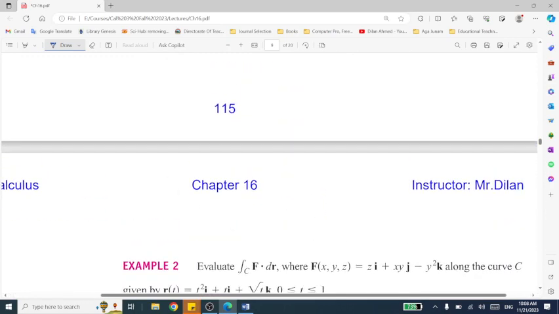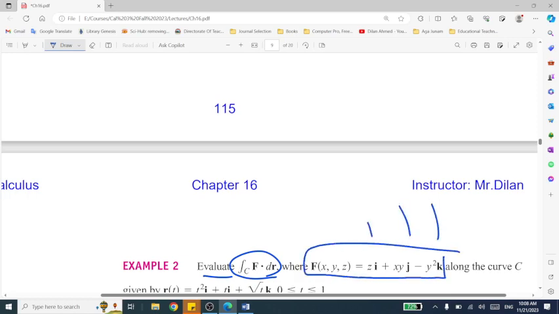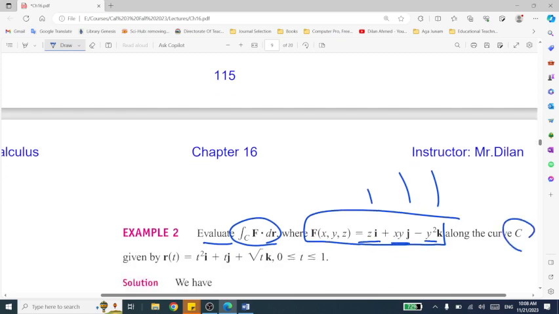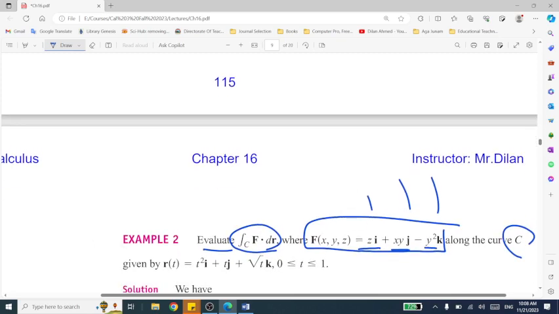Look at here. Evaluate this integral. Here's your function. You can see you have i, j, k. Here's your function along the curve C, here's the given. So evaluate the line integral. How do we do it?